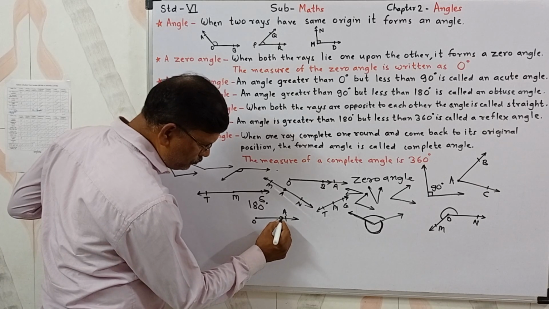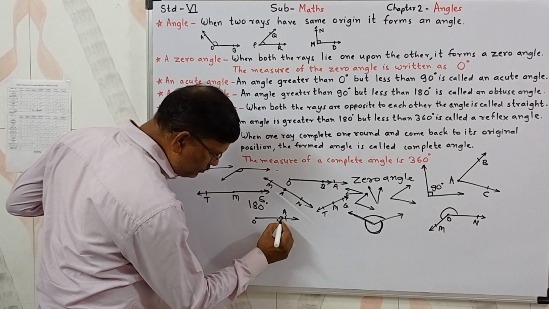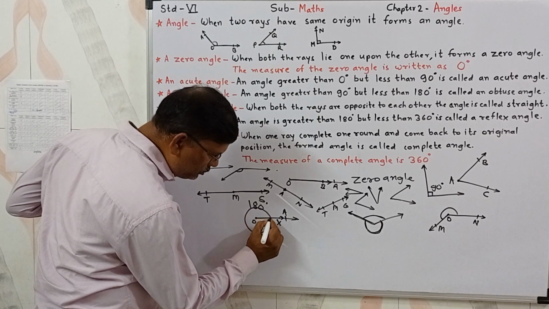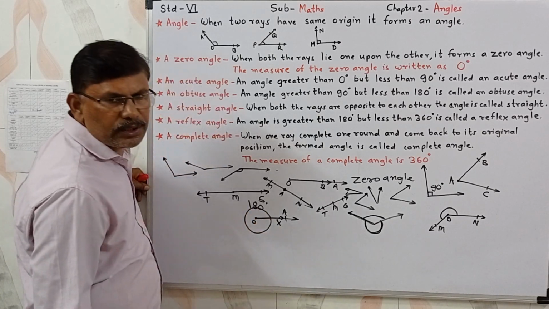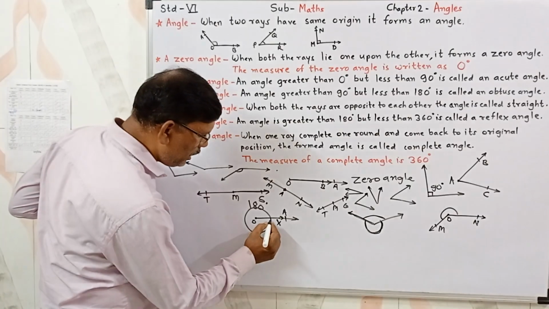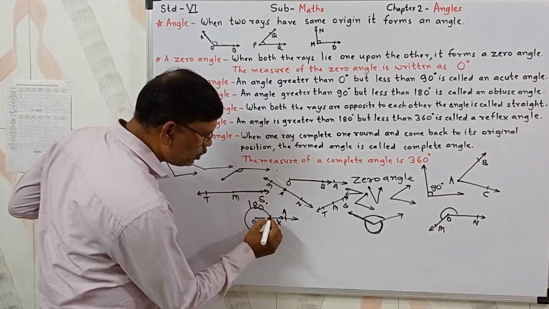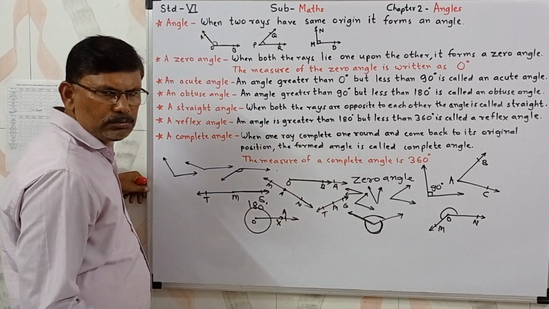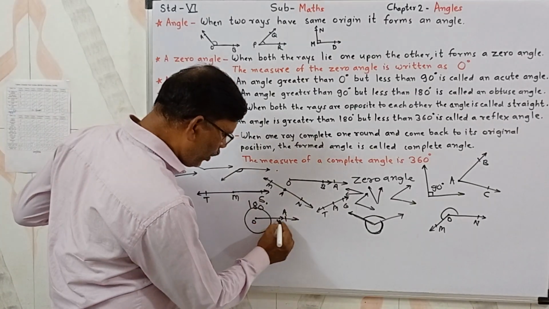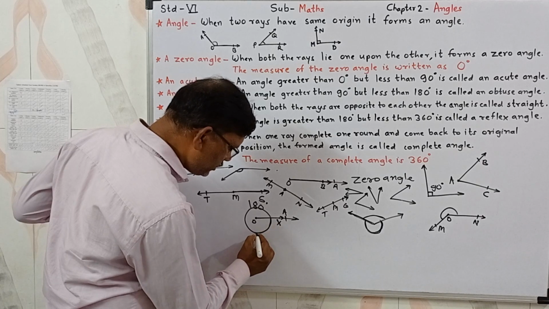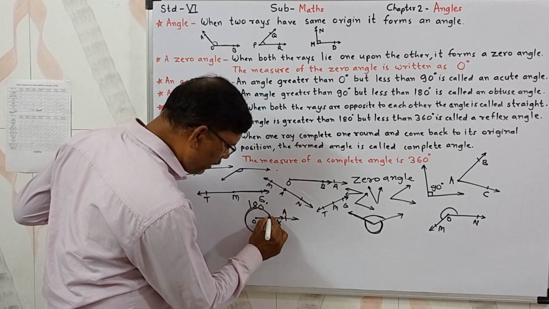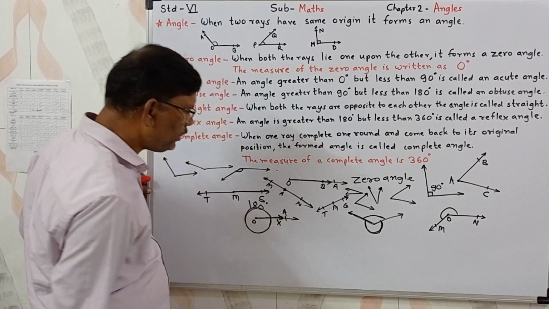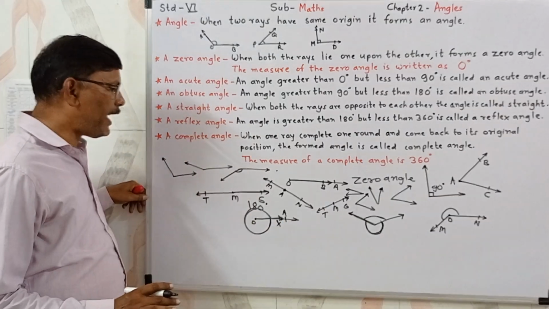OX starts this way and makes a complete rotation, one round. OX starts this way and comes back here. This is called a complete angle.